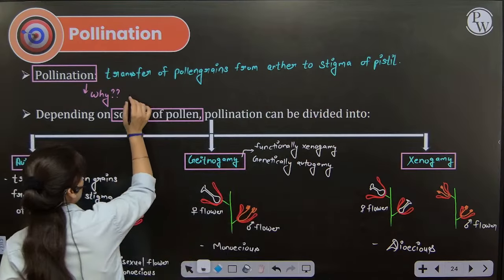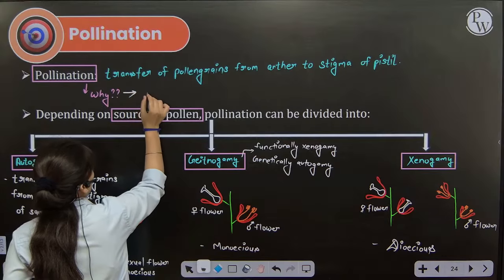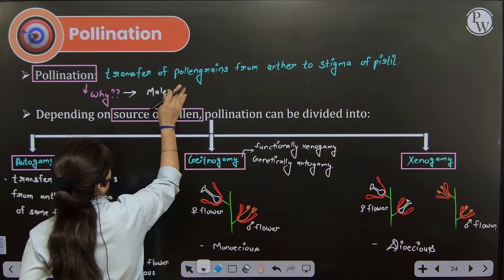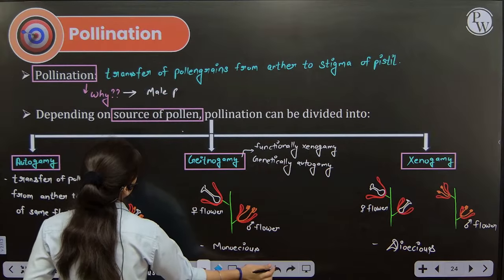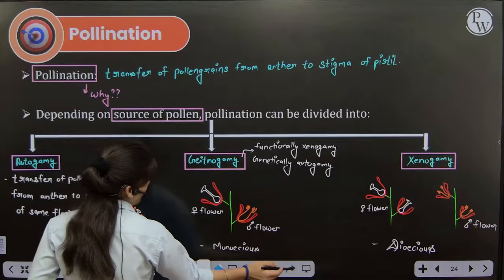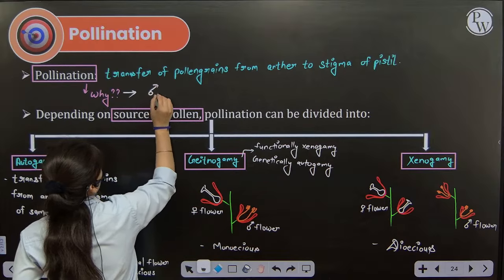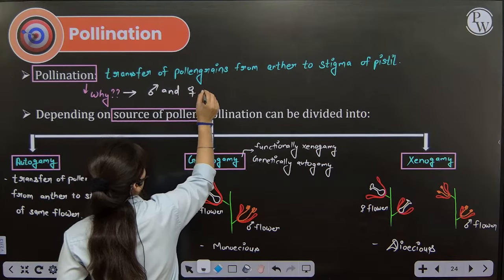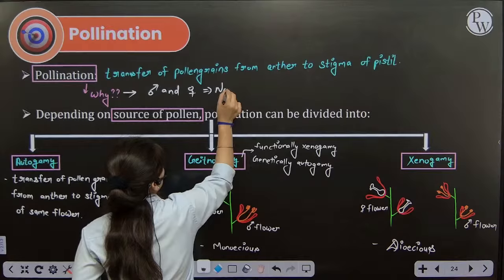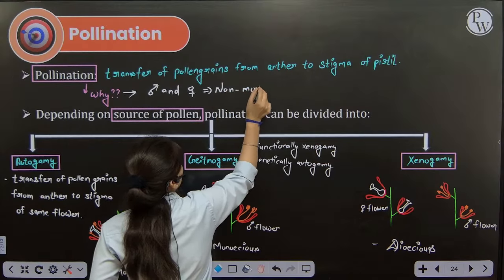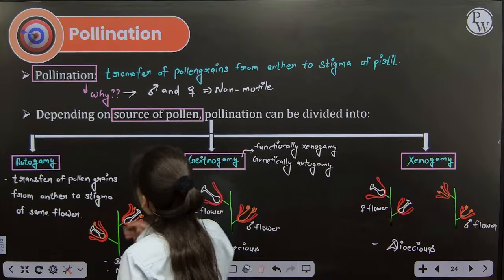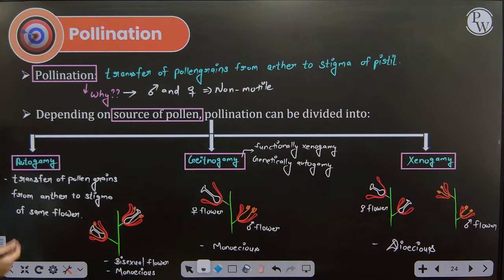Because in the case of flowering plants, the male and female gametes are non-motile. That's why there is a requirement of transfer of these pollen grains from anther to stigma.